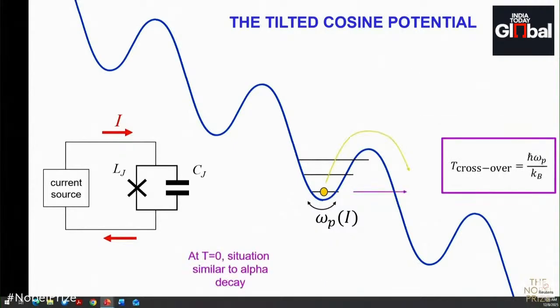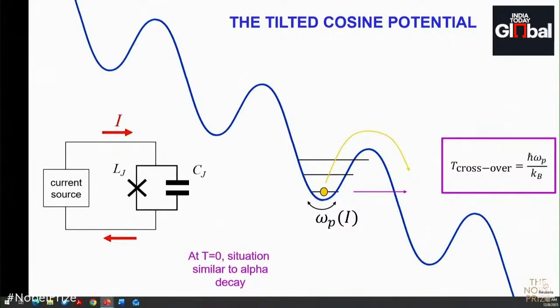And why? It's because actually there are two escape mechanisms. The state of the circuit, which is represented by this yellow ball here in the diagram, can escape from this well in two possible processes.